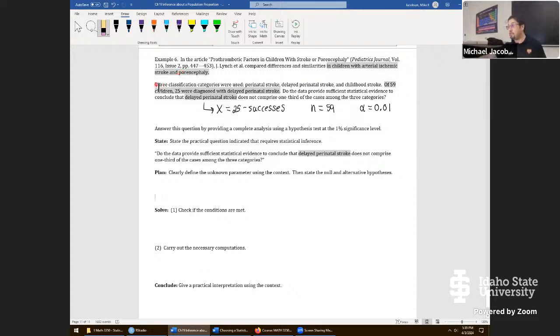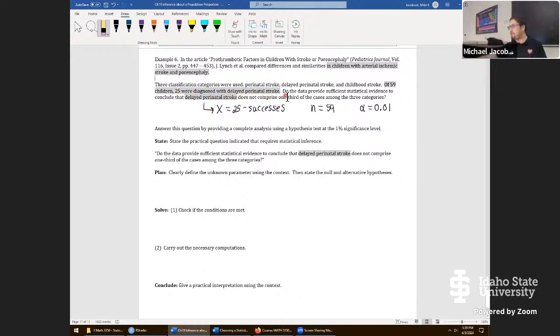It said down below, he had 3 classification categories for those children up here: perinatal stroke, delayed perinatal stroke, and childhood stroke. But then they went on to say, of the 59 children in the study, 25 were diagnosed with delayed perinatal stroke.